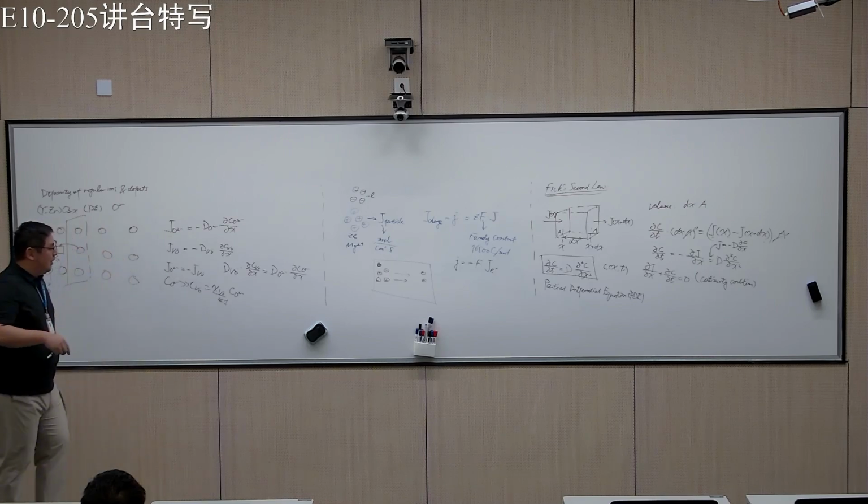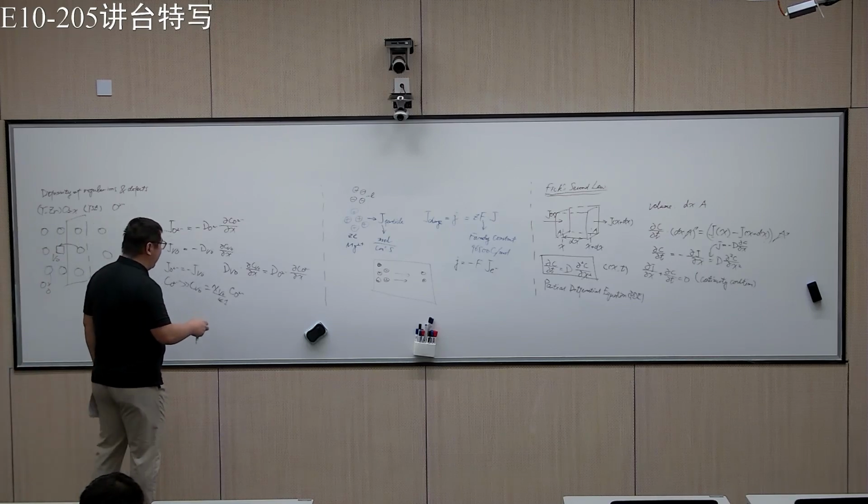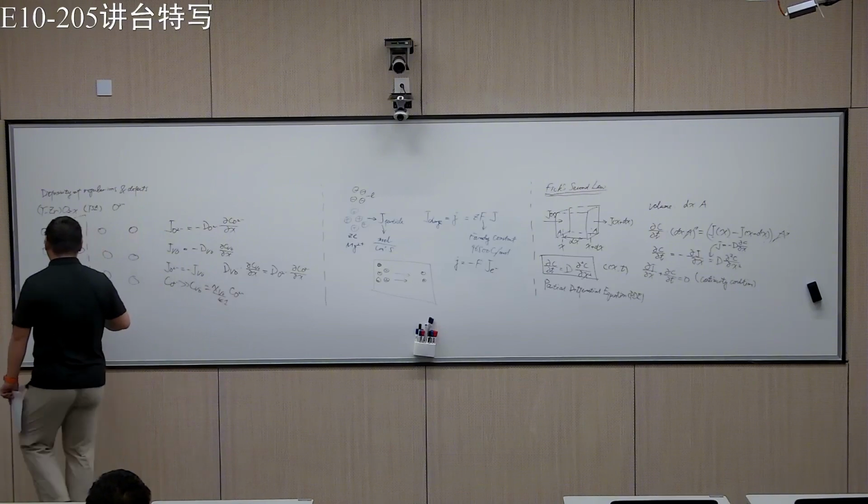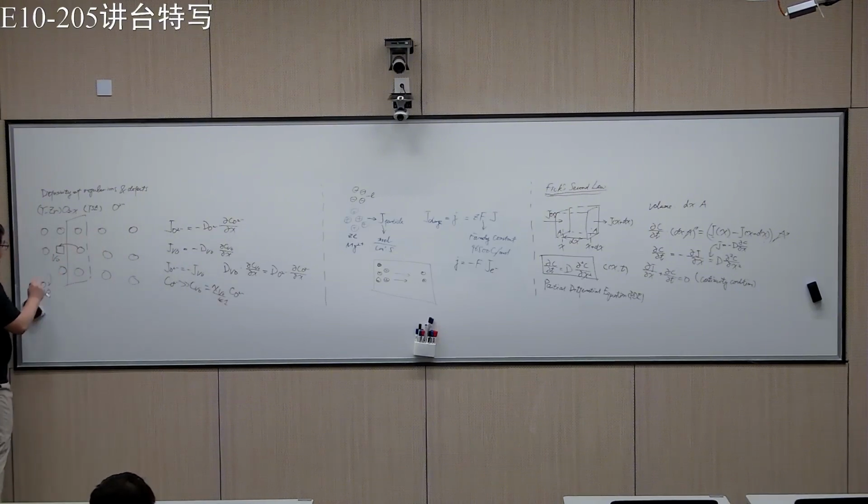If you have another oxygen vacancy created here, and it also jumps, let's say jumps twice through the plane, for ease of understanding, let me create it here.